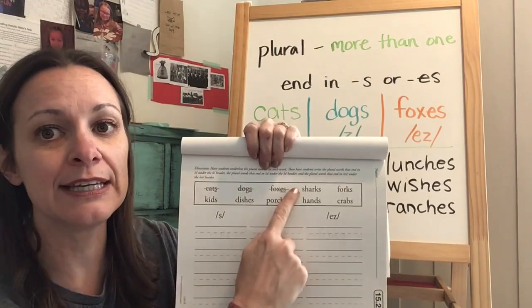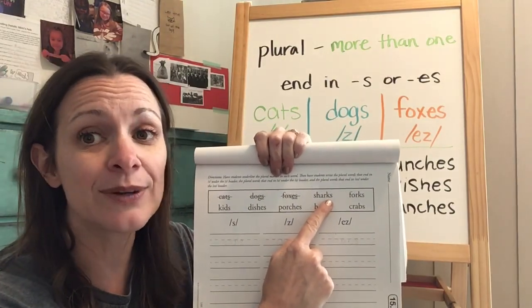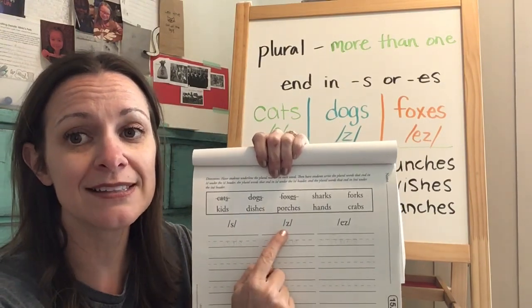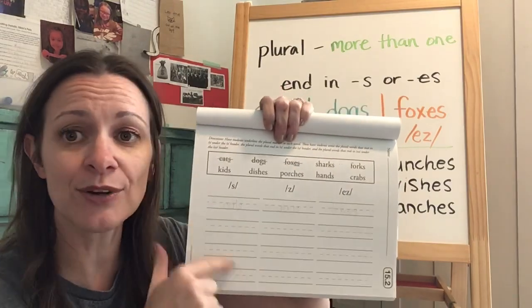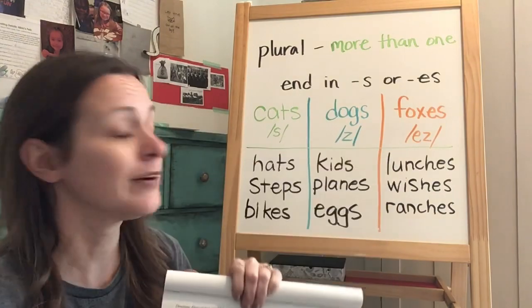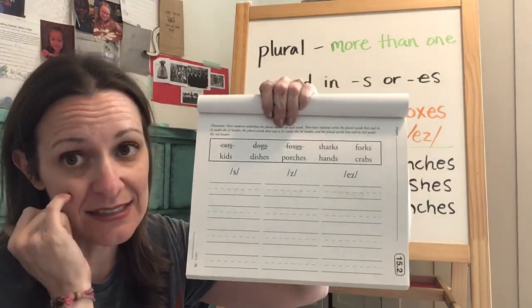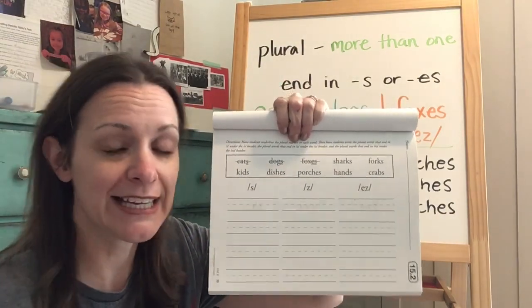I want you to read each word and decide whether the S or the ES at the end is making the ES sound, the Z sound, or the S sound. Now remember, these aren't going to be equal. You might just have one here and three here. On our board, it was pretty equal, right? But on this, it may be very uneven.